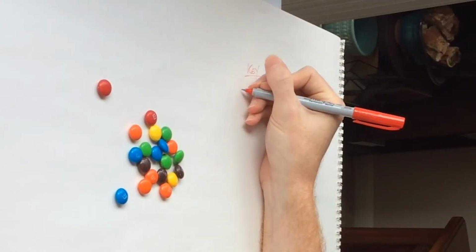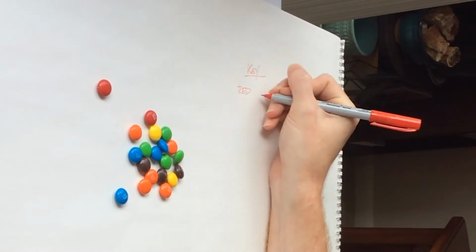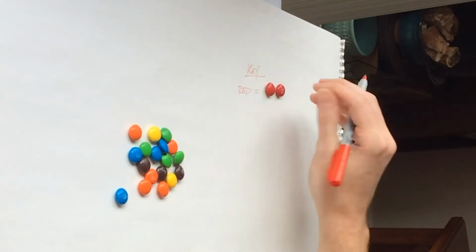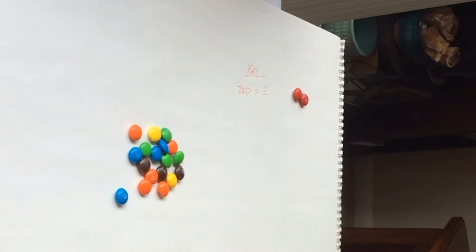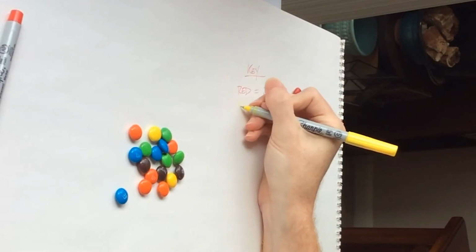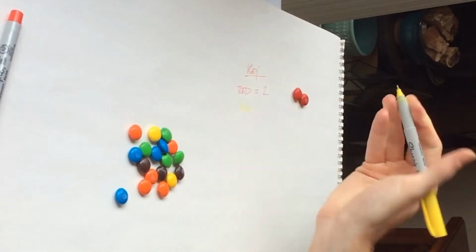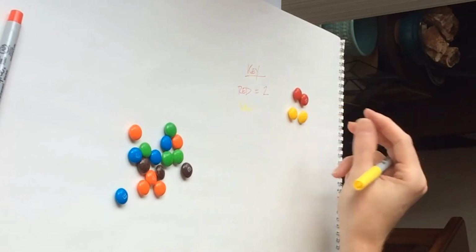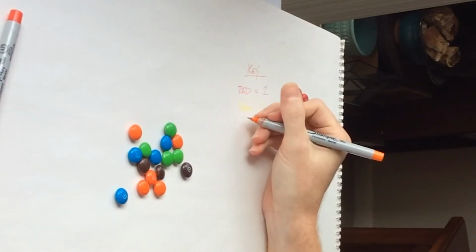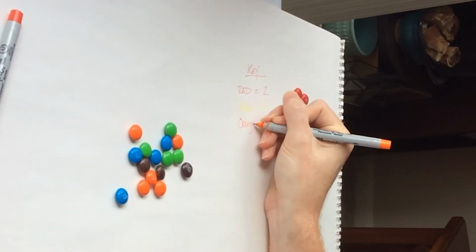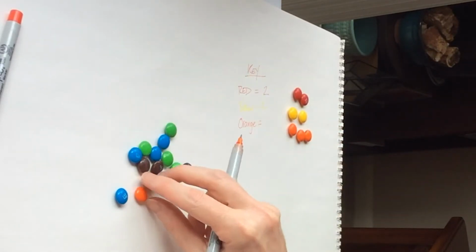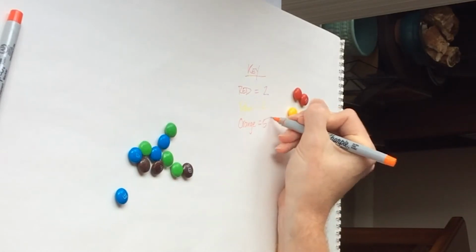So the first color I have is red equals, so let me count my reds, 1 and 2. So red equals 2. Next color that I have, I'm going to do yellow. Yellow equals 1, 2. 2 as well. Orange equals 1, 2, 3, 4, and 5.